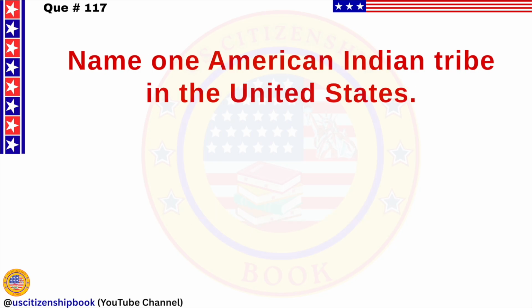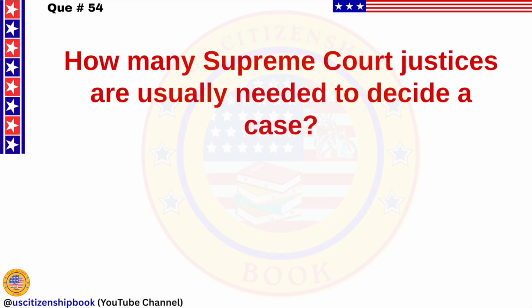Name one American Indian tribe in the United States. Cherokee. How many Supreme Court justices are usually needed to decide a case? 5.